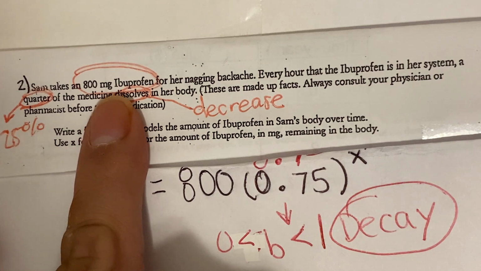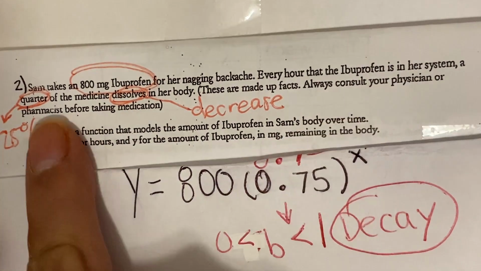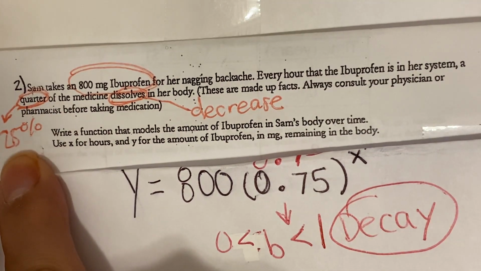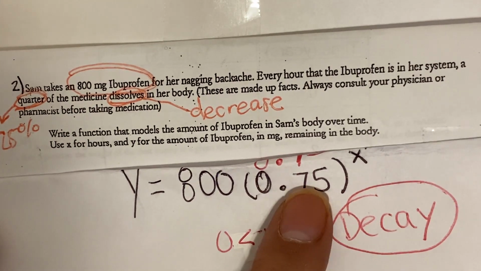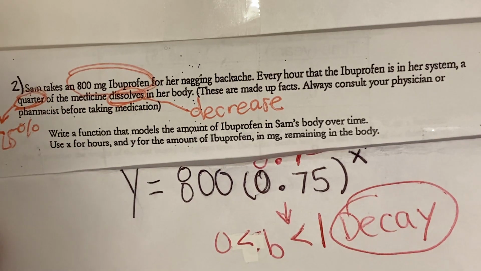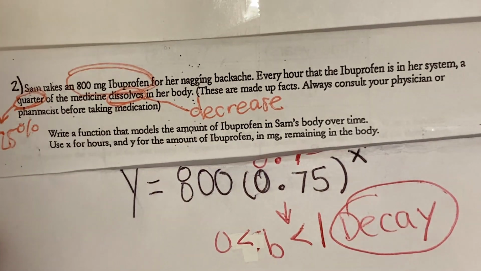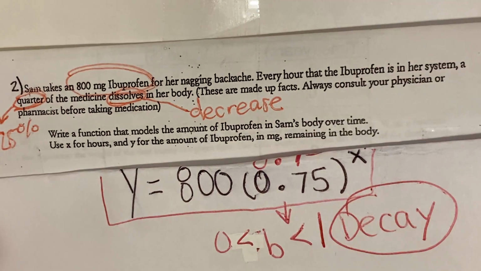That's what she started with, and it decreases, or it dissolves, a quarter at a time. So a quarter means 25%. So that's how we got this 0.75, because it's 100% minus 25%, which equals 75%, and as a number, that is 0.75. And we have confirmed that that is how you would write the exponential function. So this is your final answer, and this is where we would stop.